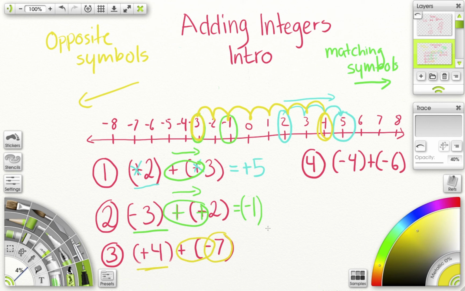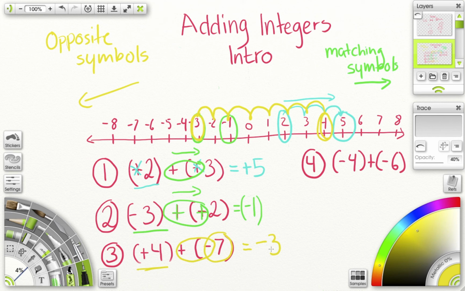I end up at negative 3. So you see how I started at 4 and I dropped down to negative 3, it has a lower value? That's because when you're adding a negative and those two symbols are opposite, it's more like a subtraction question than it is addition.